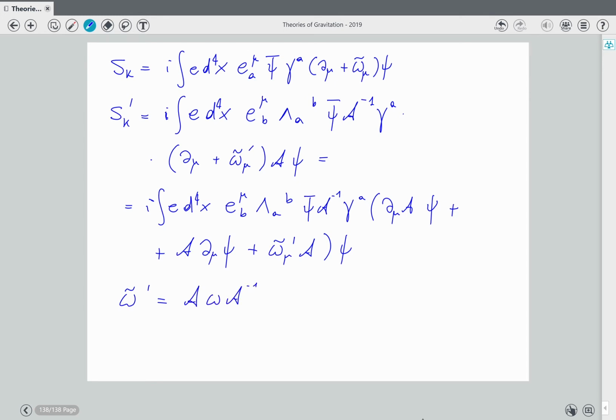It transforms as a connection, very similar to the transformations we know for a connection, but with this curly A instead of the capital omega we used to. So let's check that then these two are indeed equal. So then S_k prime is equal to what?